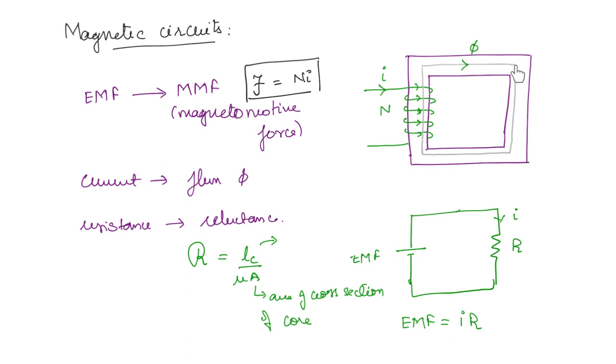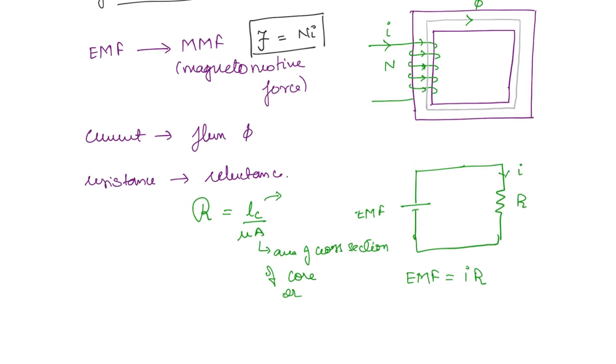If the flux is flowing in this direction, the area of cross section perpendicular to it is what we need. So you can also write it as the area of cross section of the magnetic flux path, which is more appropriate.